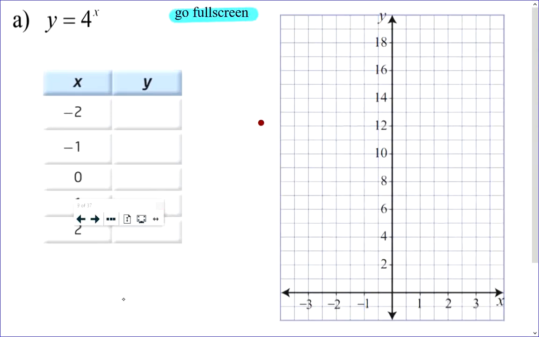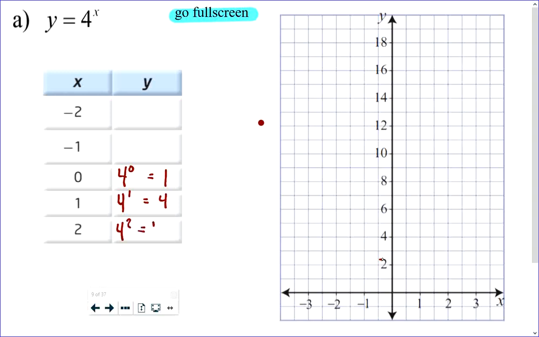So the first one is 4 to the x. Y equals 4 to the x. And I've got a little table of values for us to complete to learn from. If I were to figure out what 4 to the 0 is, I would get 1. So, maybe I will write this here. This is 4 to the 0, so the y coordinate is 1. If I were to use x equals 1, I would have 4 raised to the power of 1, which is 4, and 4 raised to the 2 is 16.